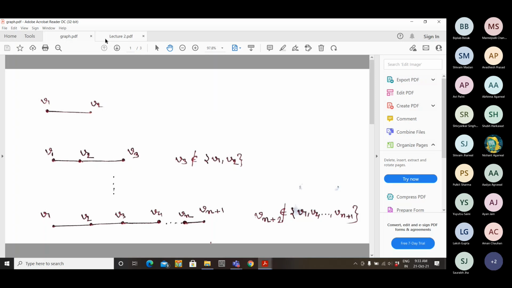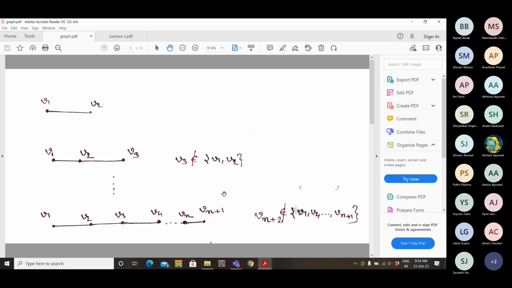In that case, this V4 will again have degree at least 2, so there will be another vertex adjacent to V4. By proceeding in this way, we will see that there is a path V1, V2, V3 up to Vn+1. But since the degree of Vn+1 is at least 2, there will be another vertex, say Vn+2, which is not in this collection, but Vn+1 is adjacent to Vn+2.